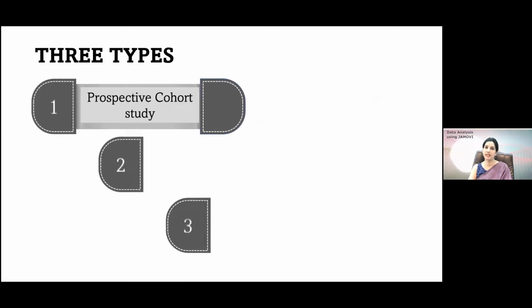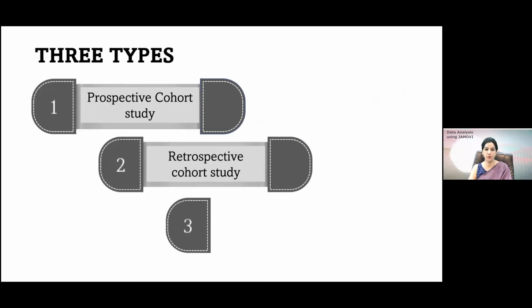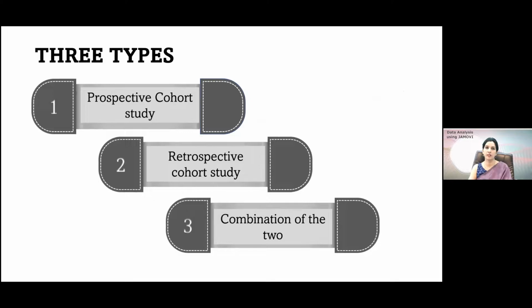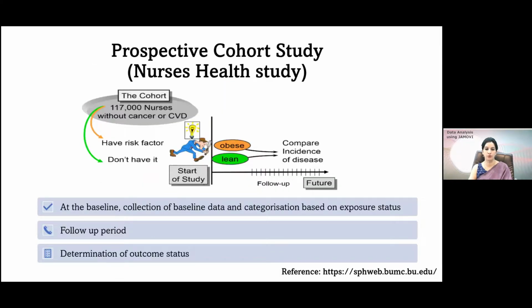So basically, this relative risk is measured in a prospective cohort study. You can do it in a retrospective cohort study, or it can be a combination of these two also. These are a few examples of prospective cohort study. A classical example is the Nurses Health Study, where 117,000 nurses were followed up.